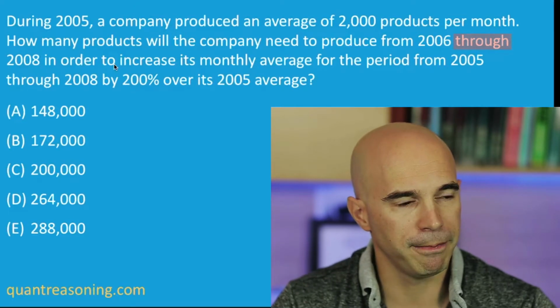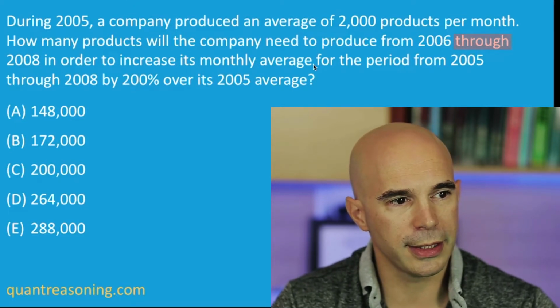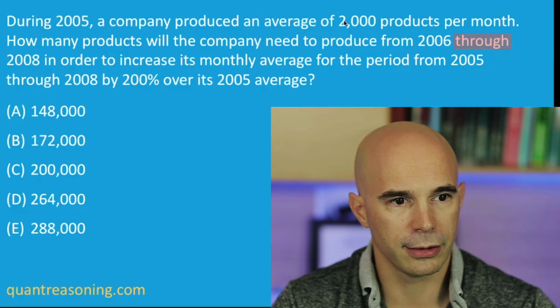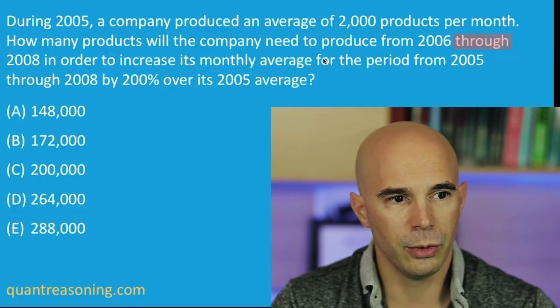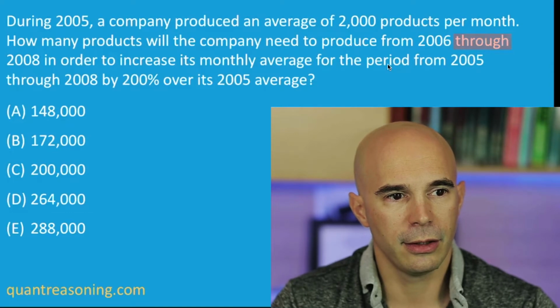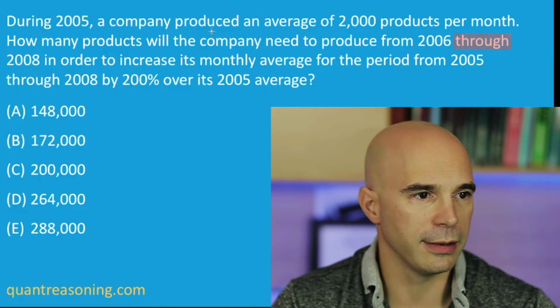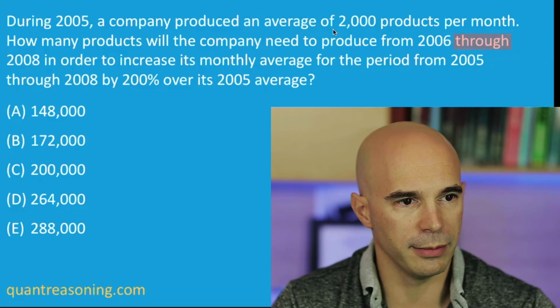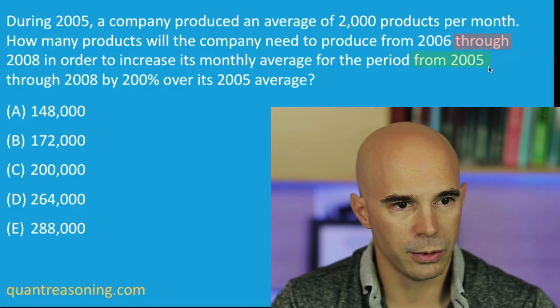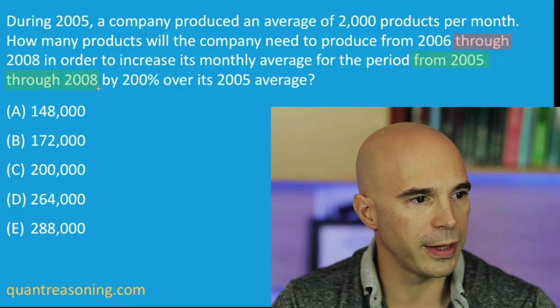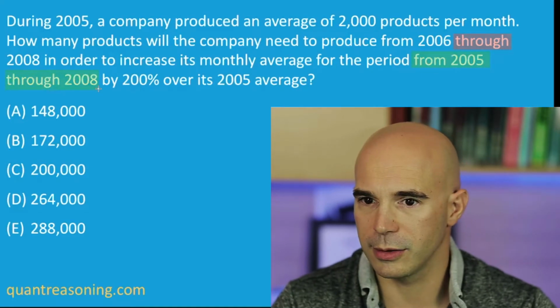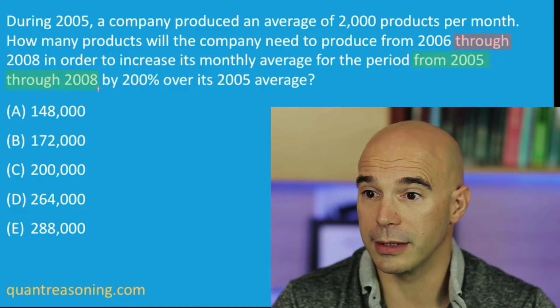So I keep reading. In order to increase its monthly average, reminding myself the monthly average was 2,000, we want to increase that for which period? Let's highlight the period we're talking about because this is going to be important. We're talking from 2005 through 2008. So that's 4 years. That's 48 months.